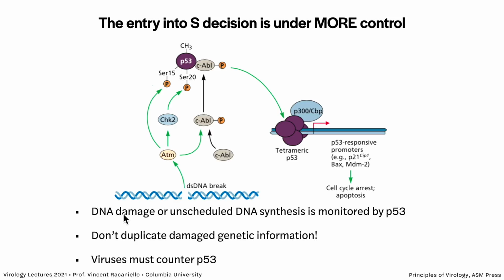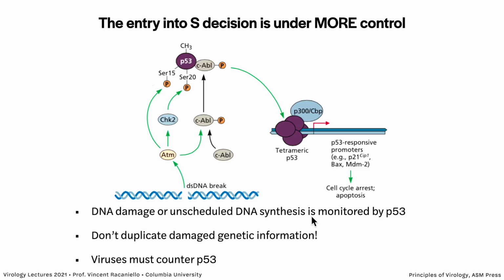So damage caused by recombination or mutation, P53 senses it through a variety of sensor mechanisms that we can't go into. But here, for example, this protein is picking up a double-stranded DNA break, and then it activates P53, which will shut off the promoters that are needed for cell division, because you don't want to duplicate damaged genetic information. So if P53 finds a break, it shuts off cell division until it's fixed.